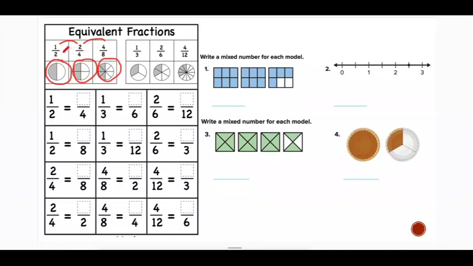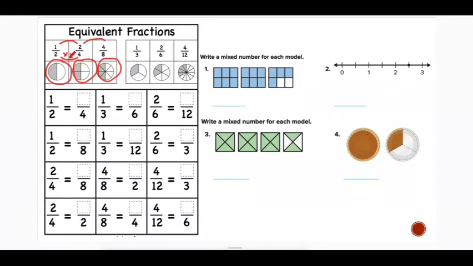Now, look at the relationship between the first two fractions. In the denominator, 2 and 4 are there. So what is the relationship between 2 and 4? If I multiply the denominator 2 by 2, I get the answer 4.